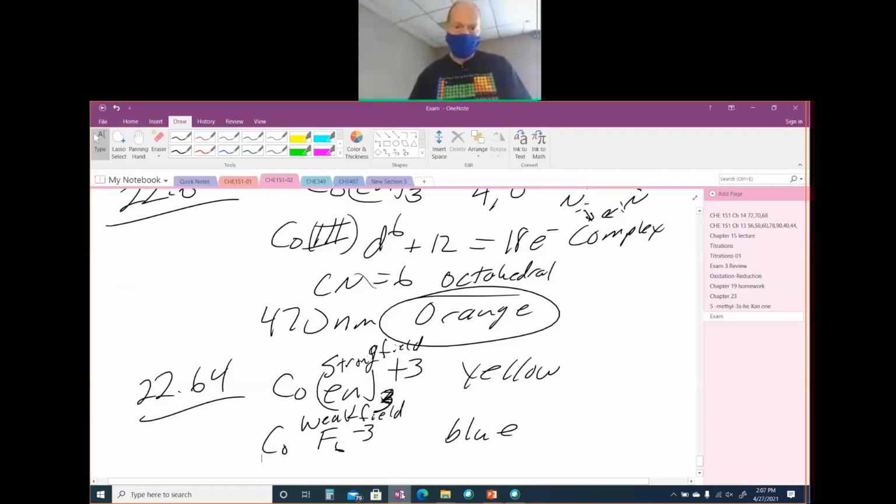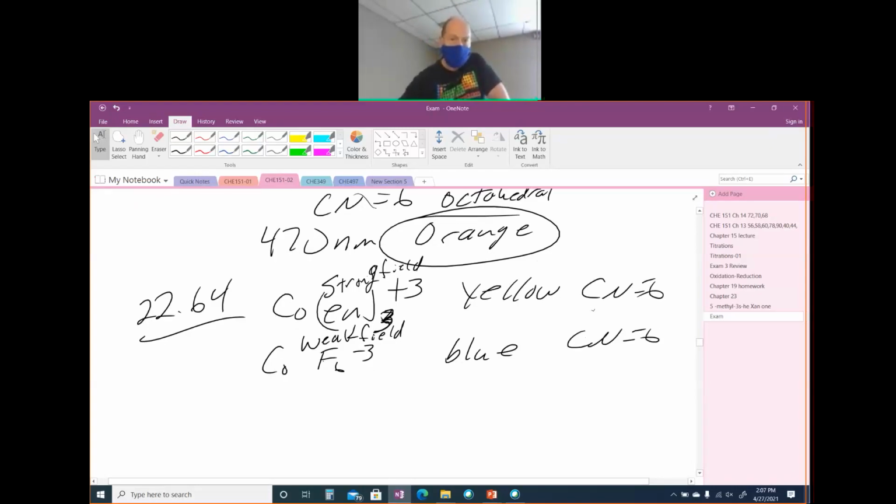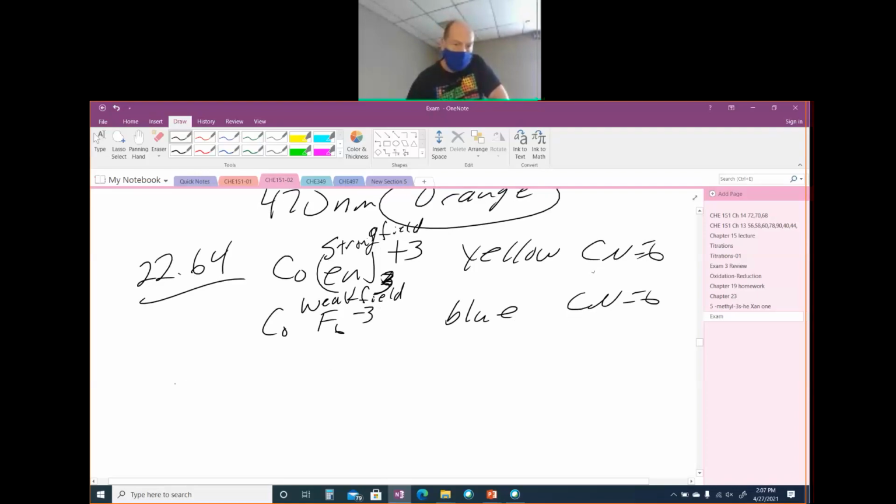All right, so these are both coordination number 6. They are both octahedral. The difference is you have a strong field versus a weak field. So your strong field looks like this. Your weak field looks like this.